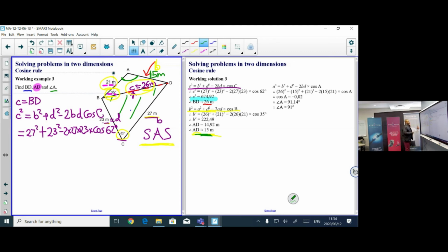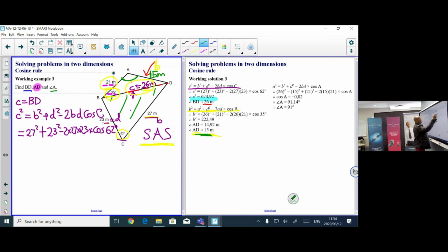In this small triangle, we now have a side, an angle, a side, and another side. We are looking for an angle A. If you are looking for big A, we use the formula with small a, because that will give us big A at the end.